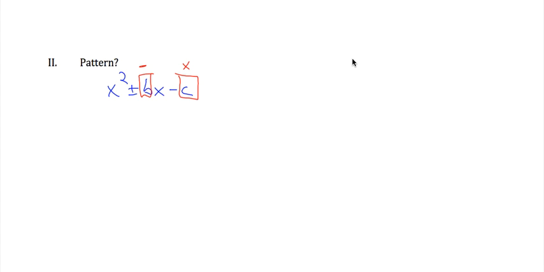And then in your final answer, the biggest thing you have to remember is that because it's a negative at the end, it's got to be a plus and a minus in your parentheses. Okay? So let's take a look at some examples of how this factors, and I'll talk you through the process a bit, and then you can try a couple on your own.